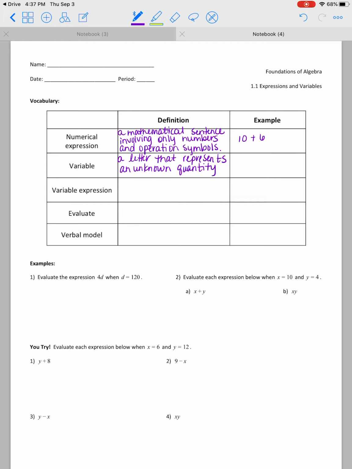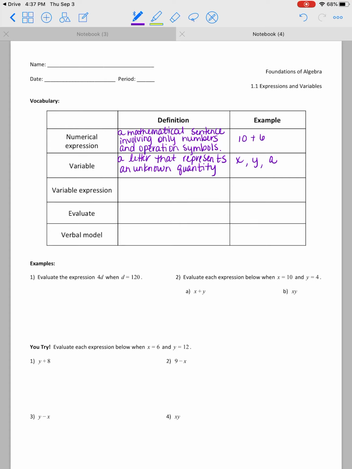So in algebra, a lot of times we're solving for a number we don't know. So we put a variable in its spot if we don't know that number. And some examples of variables, the most common is X. We can use Y. You'll see A. Any letter, usually of the alphabet, can stand for some unknown quantity.